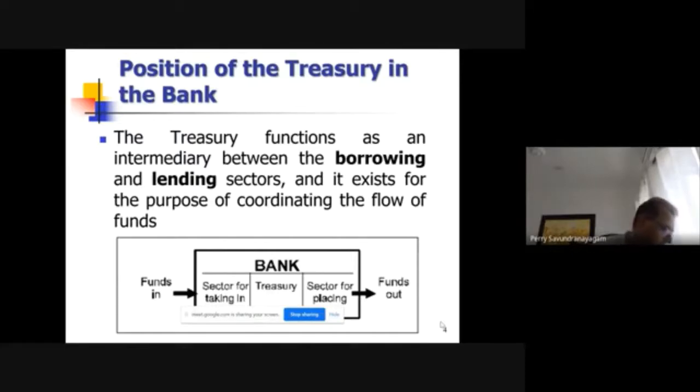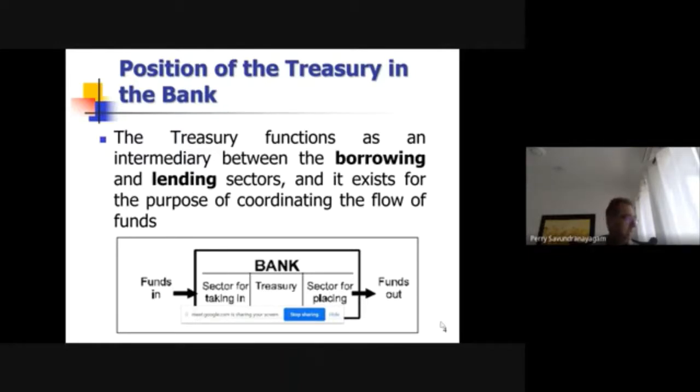So basically, at the core of it, if you break it all down, Treasury sits in the middle. Some of you will be working in the lending department, some of you may be working for branches, some of you may be managing a foreign exchange risk book or whatever.